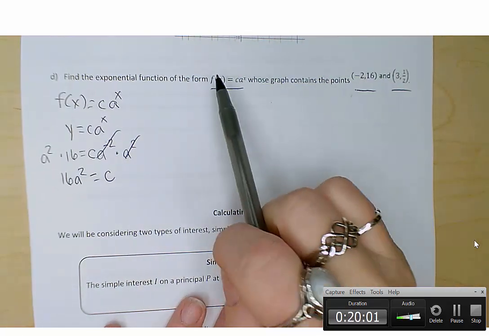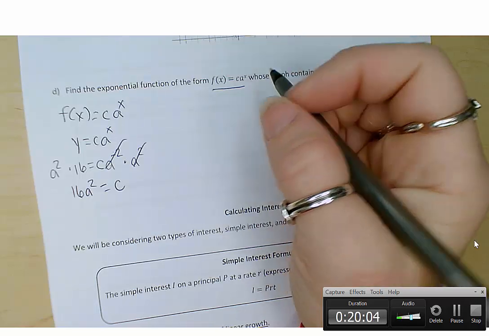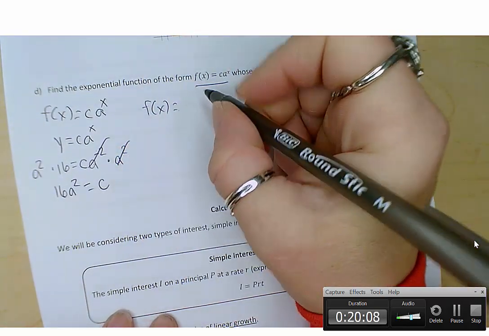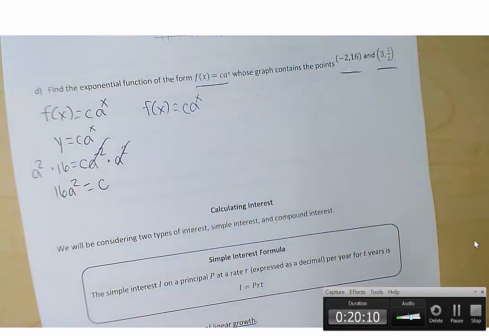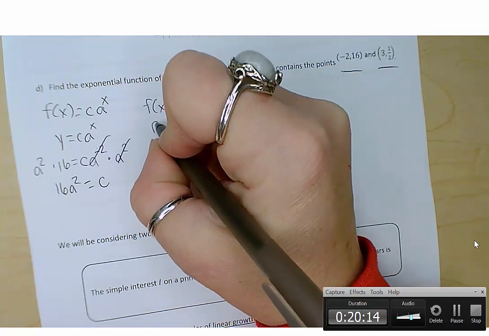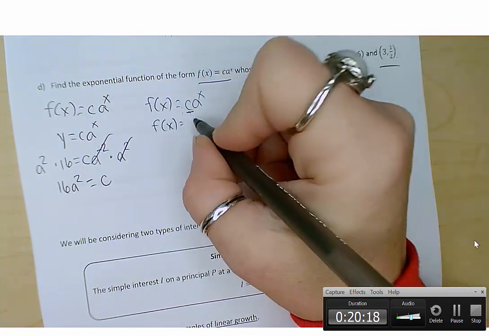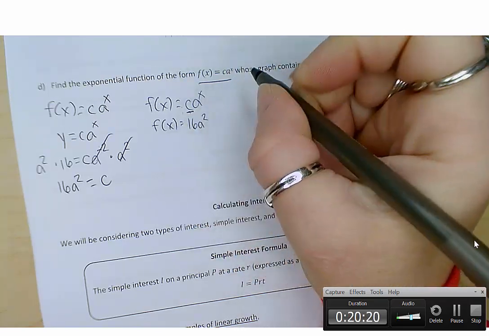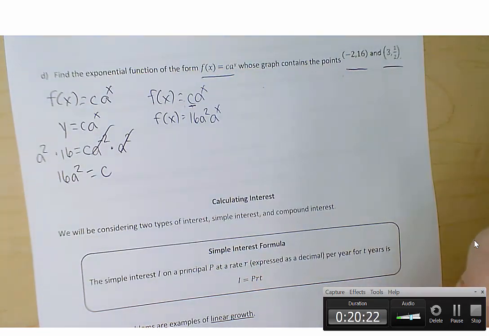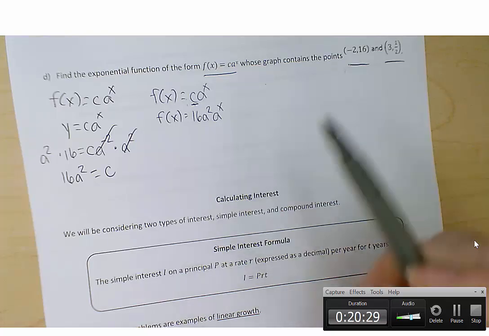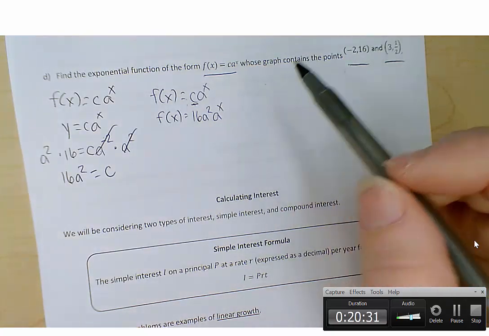After that, again, we're going to go back up to our given function here. F of x is equal to c a to the x. Now, let's go ahead and plug in c here. So f of x is equal to, well, c, just this piece here, is 16a squared times that a to the x here. Now, our next goal is going to be to try and figure out what is a so that we can build the full equation here.